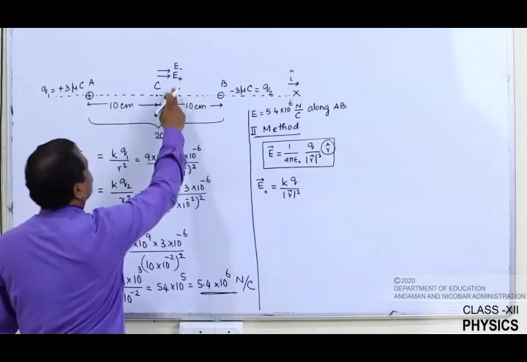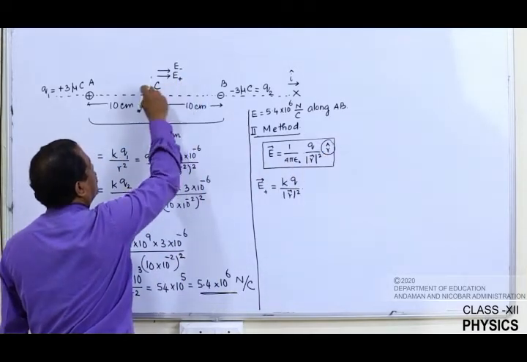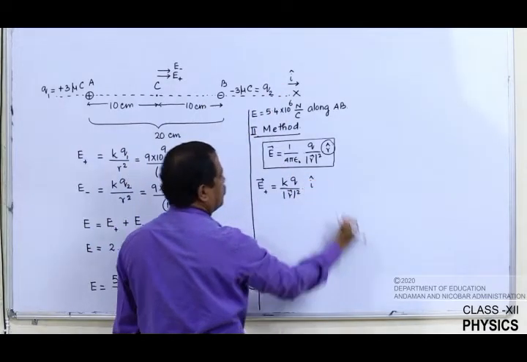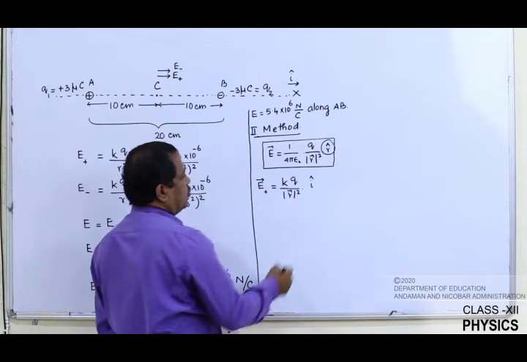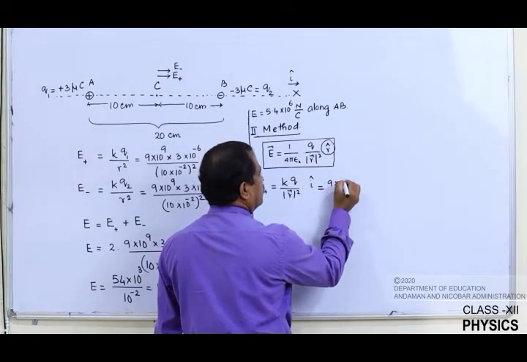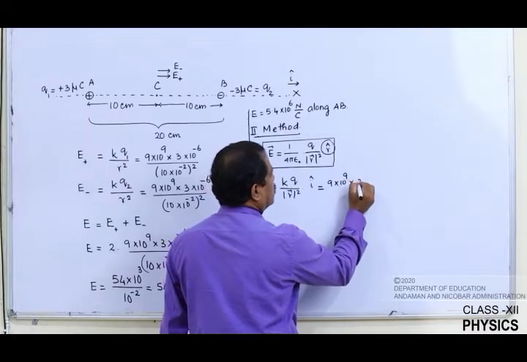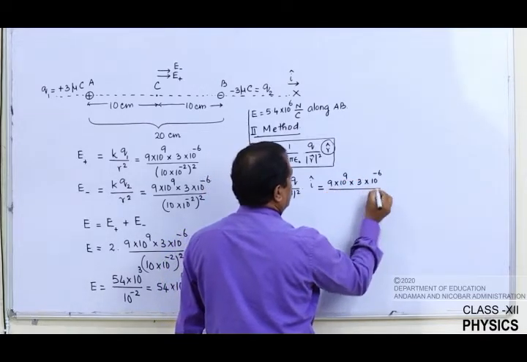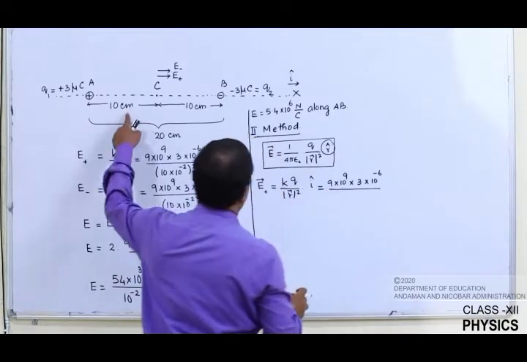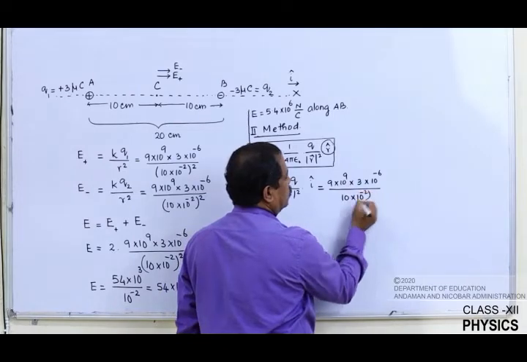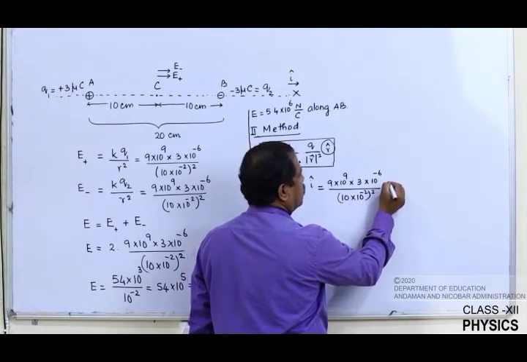So for us, because of this positive charge, this is the direction and this unit vector direction is i cap. Now let us substitute the values. So this comes out to be K is 9 into 10 power 9 into charge 3 microcoulomb, 10 power minus 6, by distance square. This is 10 centimeter, so 10 into 10 power minus 2 the whole square into i cap.